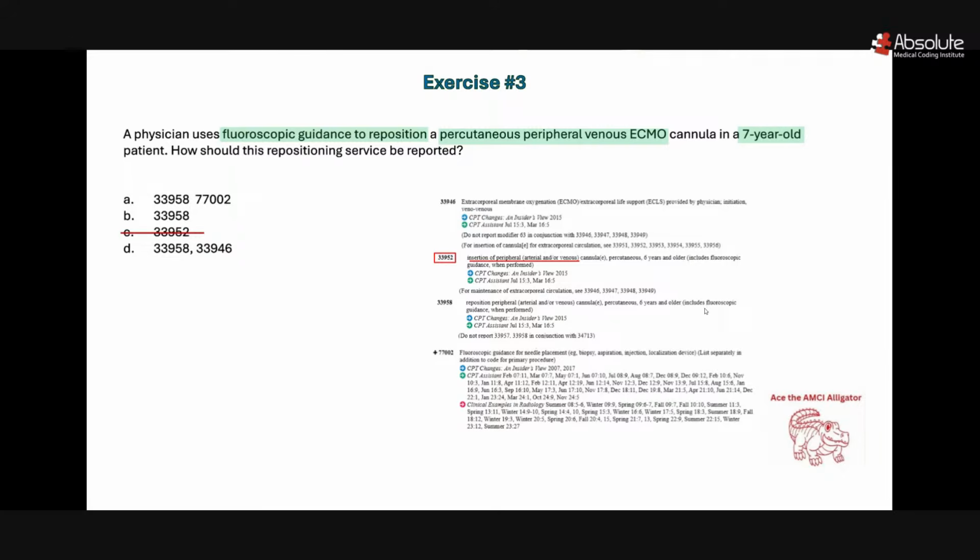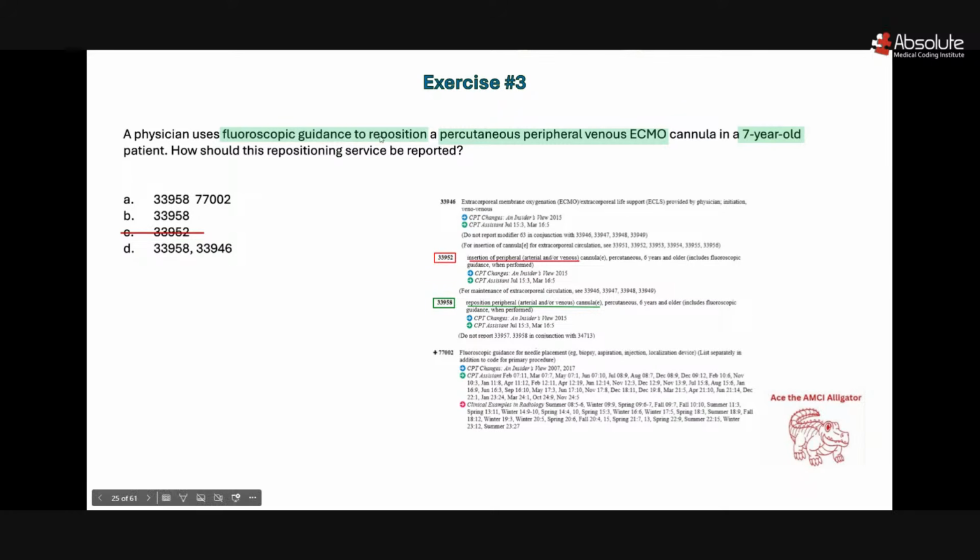So I would say this would be a wrong one, because we are only looking at a peripheral venous ECMO, not an arterial venous ECMO. That's why option C would be incorrect. Also, option C is coding for an insertion procedure.